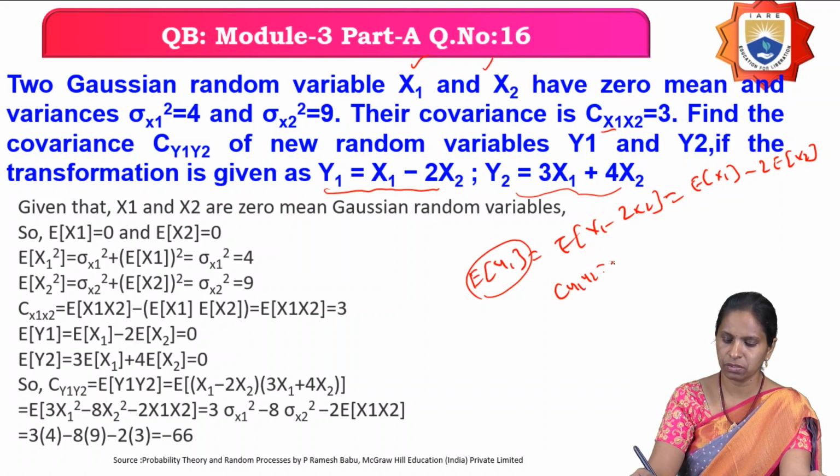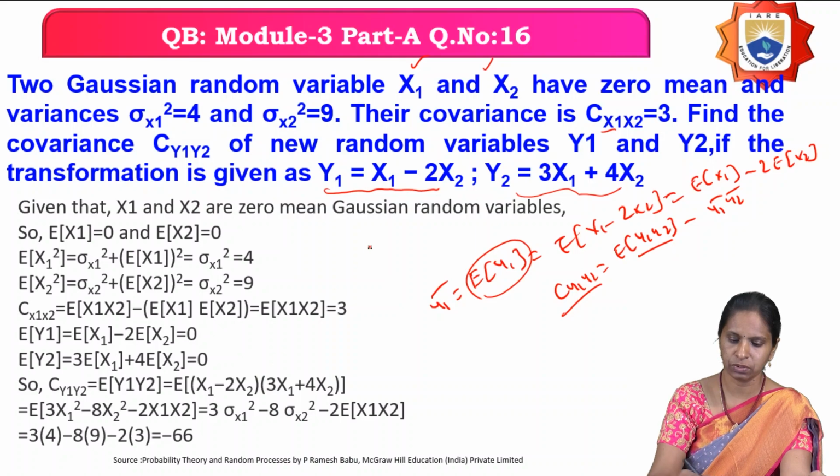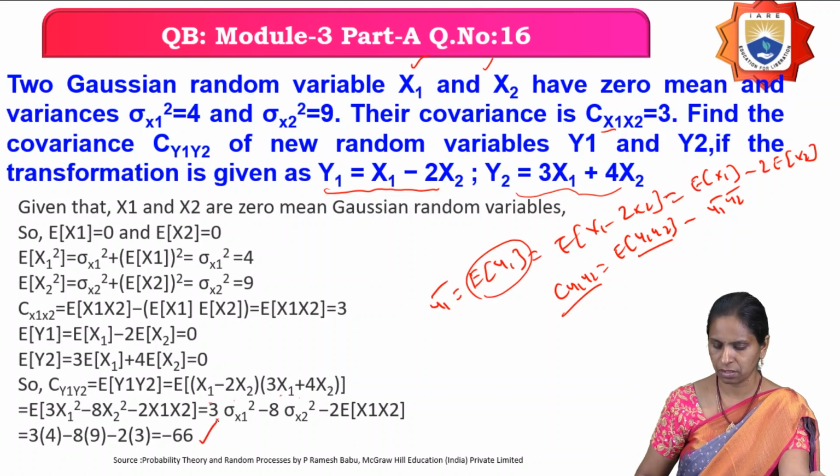C y1 y2 equals expectation of y1 y2 minus y1 bar into y2 bar. But y1 bar equals 0 and y2 bar equals 0. Therefore C y1 y2 equals E of y1 into y2. So y1 is x1 minus 2x2 and y2 is 3x1 plus 4x2. If you simplify, you get the answer minus 66.